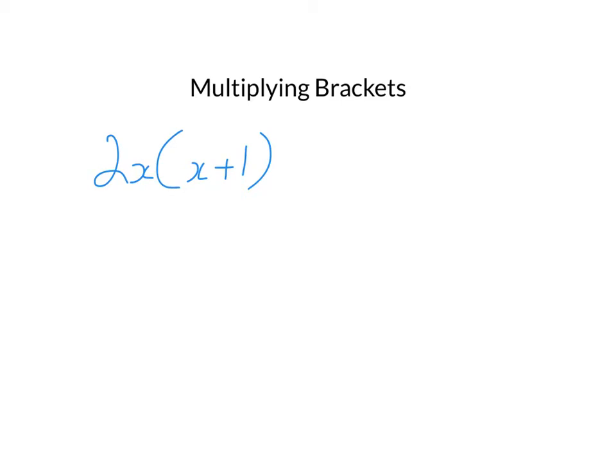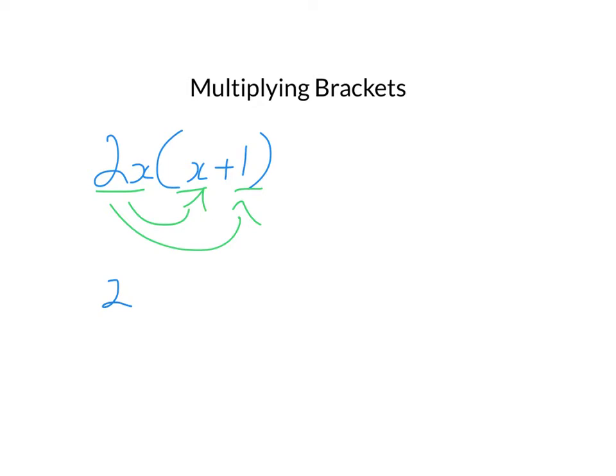So again, the way we do this is we multiply the term outside by the first term inside and by the second term inside. So if we multiply 2x by the first term, x, the 2 won't change because 2 times 1 is just 2.